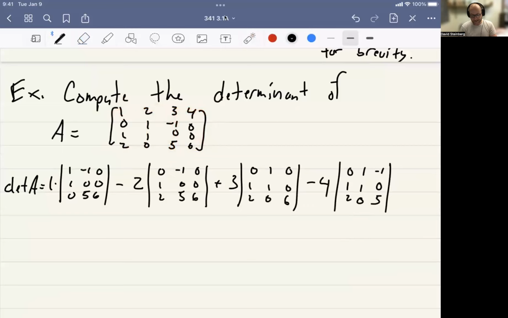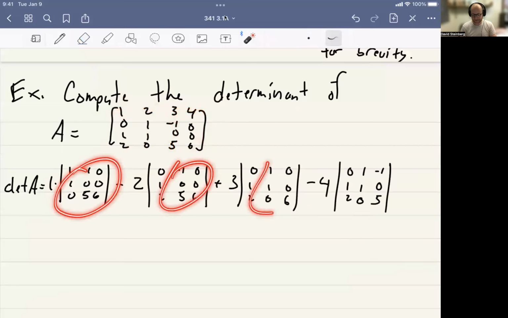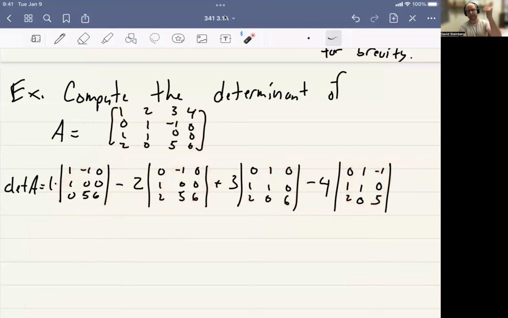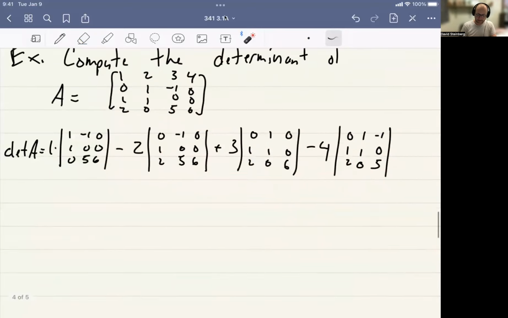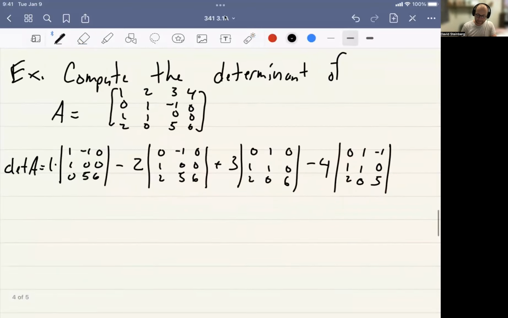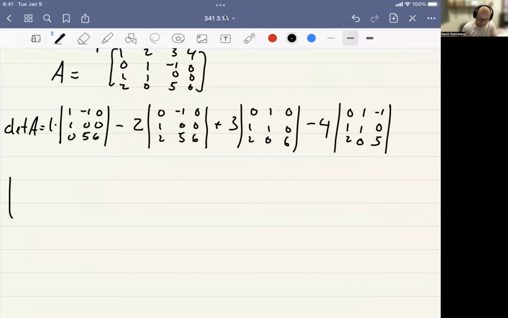So now we need to compute each of these determinants. We need to continue rolling up our sleeves and grinding these out, one at a time. We know the determinant of 1, negative 1, 0, 1, 0, 0, 0, 5, 6. We can do this one because we know what the 2x2 determinant is concretely.